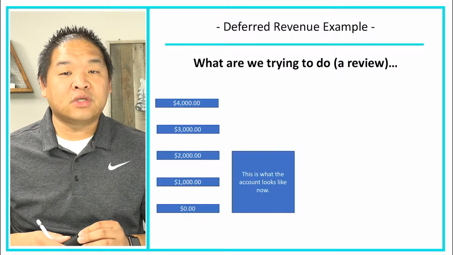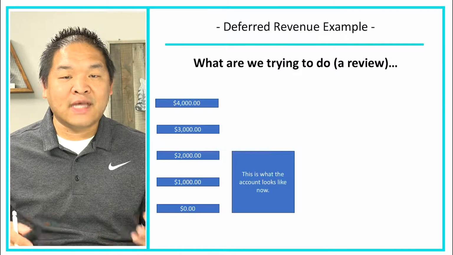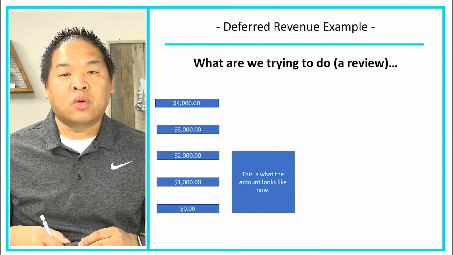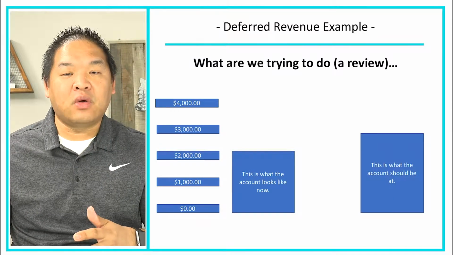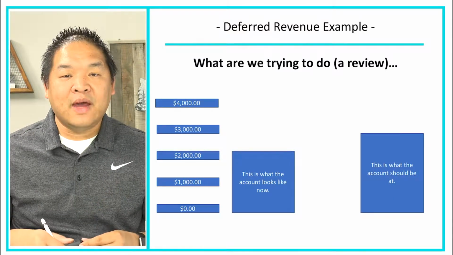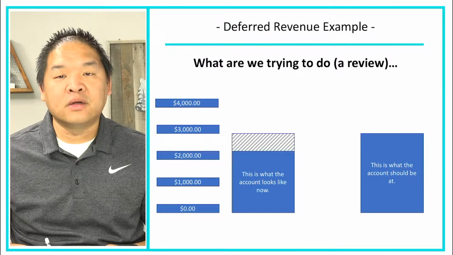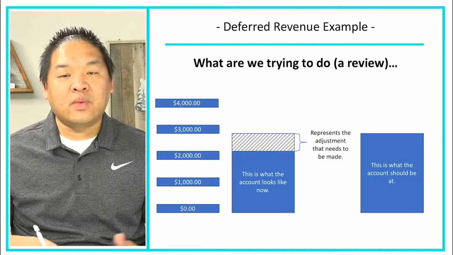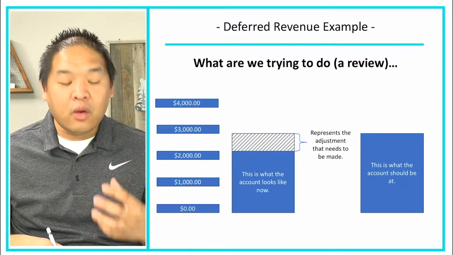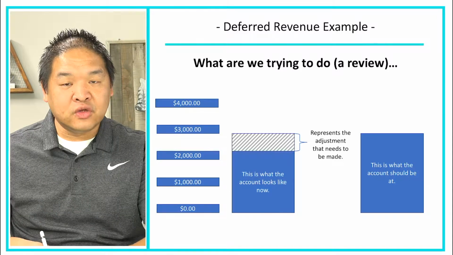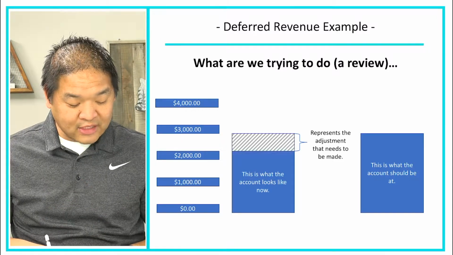But based on all of our interactions and transactions and what we did over the past period, it should be more like $3,000. So our books are out of whack by about $1,000. So this $1,000 would be the adjustment that we need to do from a deferred revenue standpoint. Okay, so that's what we have to do from an adjusting journal entry.